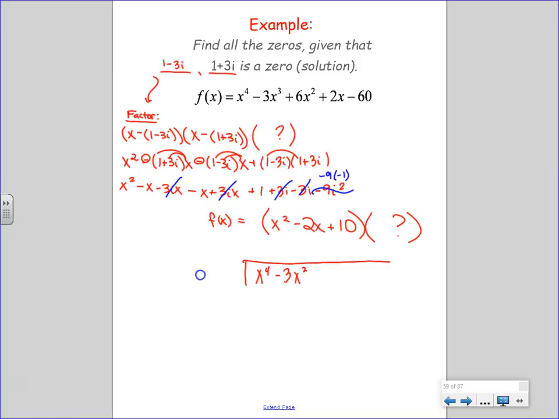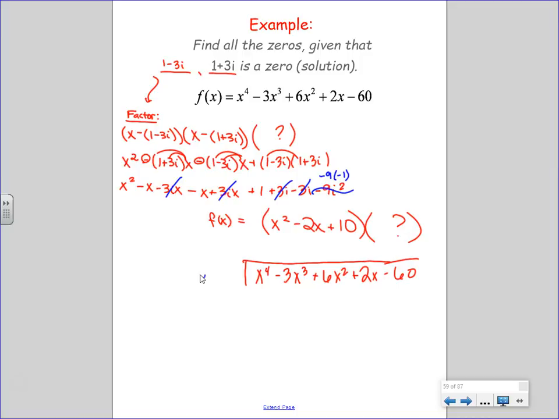Anyway. Put in our big ol' f of x. Say, hey, I know that this is going to divide in and it's going to give me the rest of who you are. And the rest of your zeros.